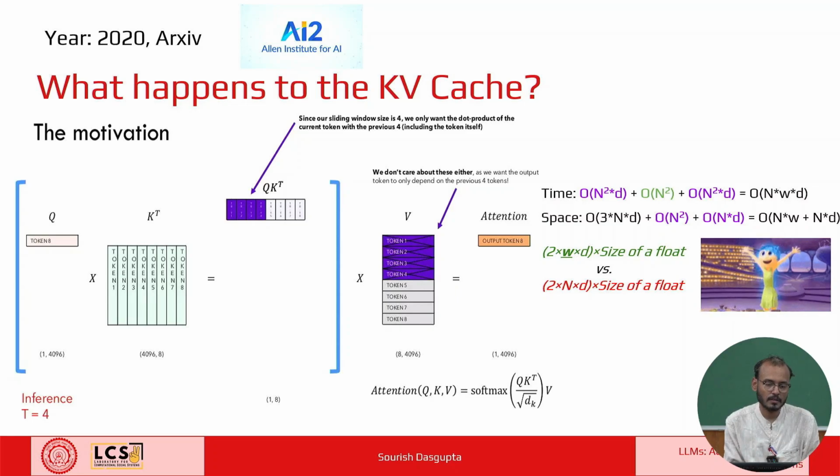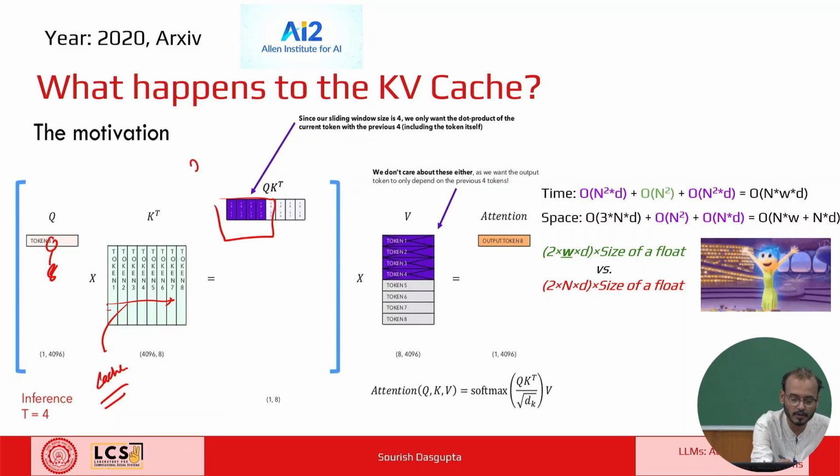So again, when a particular token comes, let's say this is token number 8 in this example, you need to cache till 7, and it should come from this cache. So you're fetching the keys till 7 from the cache, and since it's sliding window, you don't need all of them, so you only need this much, which is in purple.